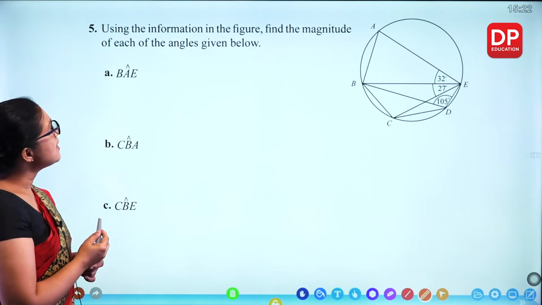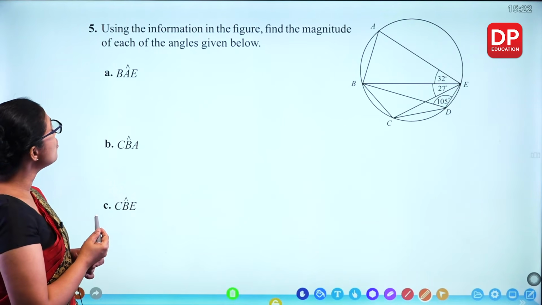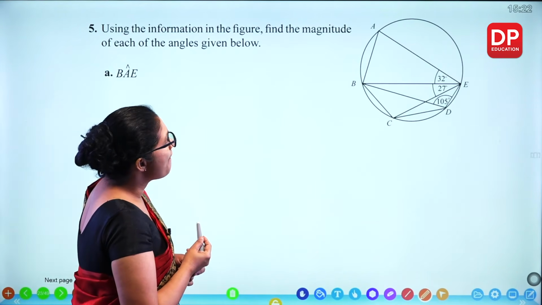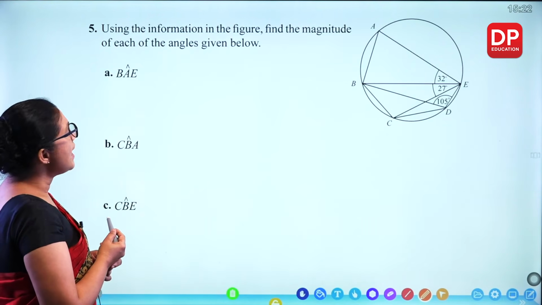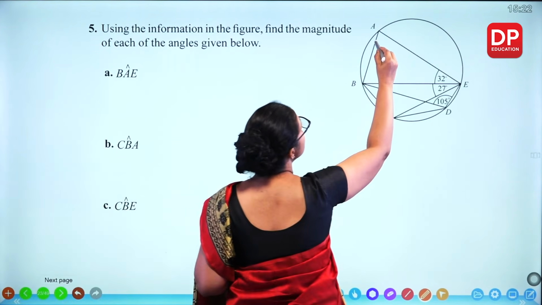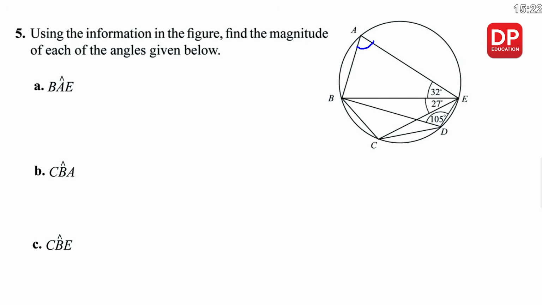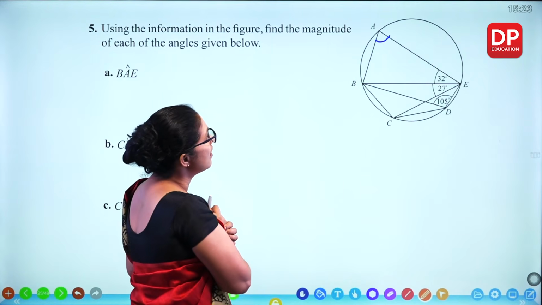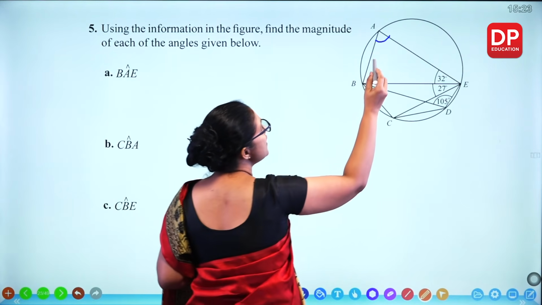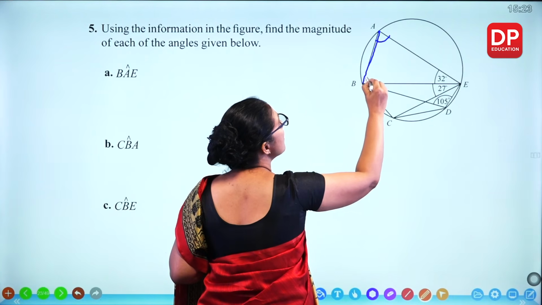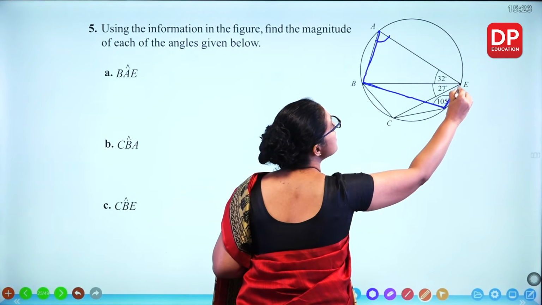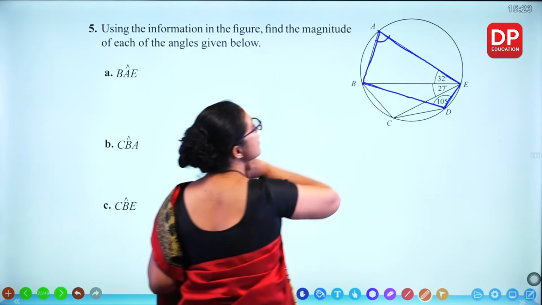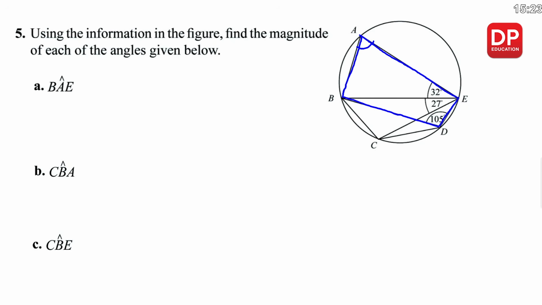Question number 5. Using the information in the figure, find the magnitude of each of the angles given below. BAE. BAE is this angle. Look at carefully and see. Center is not given. We'll take this cyclic quadrilateral, BAED.